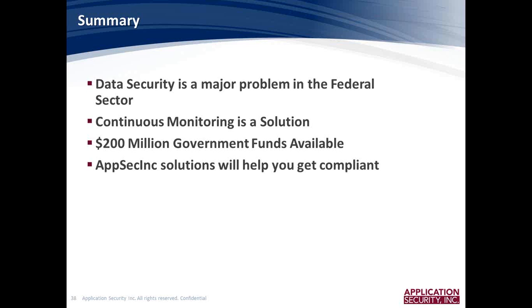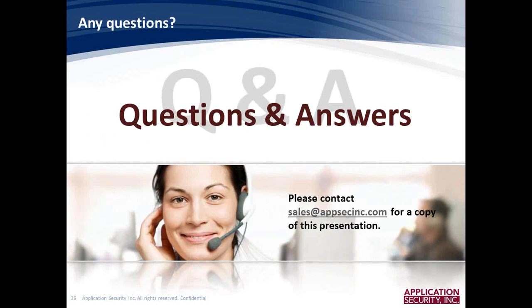There's $200 million that's been made available in federal funds to help you to implement continuous monitoring, to buy tools, to do a better job. And AppSec Inc. would love to have some of that $200 million, so please come spend it with us. And our solutions really will do a lot to help you get compliant and make a huge impact on the security of the data that you store in your databases.